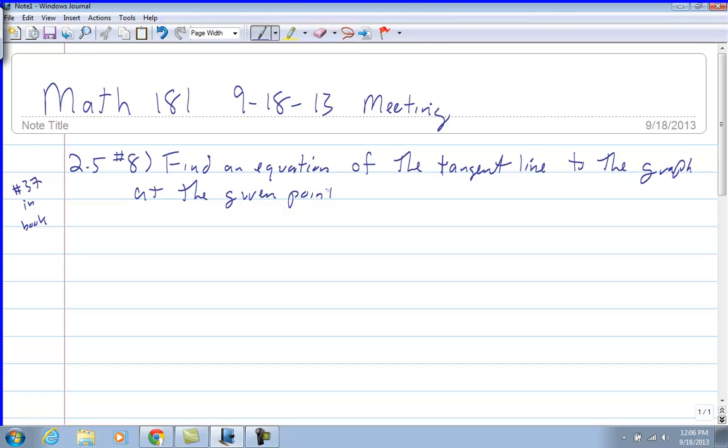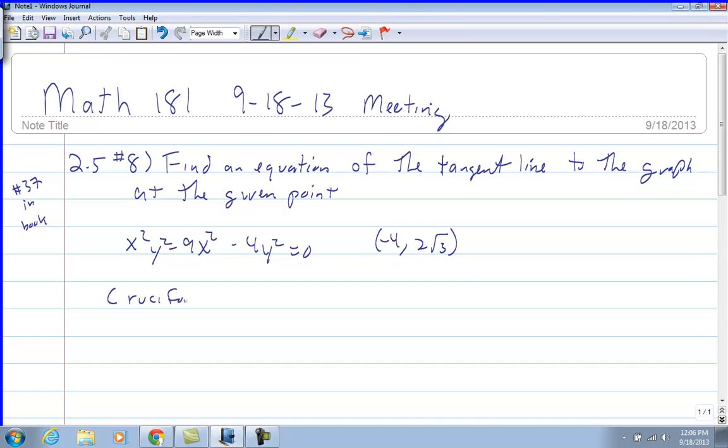Okay, and the equation is x squared y squared minus 9x squared minus 4y squared equals 0, and the point is negative 4, 2 times the square root of 3. And this is the cruciform.